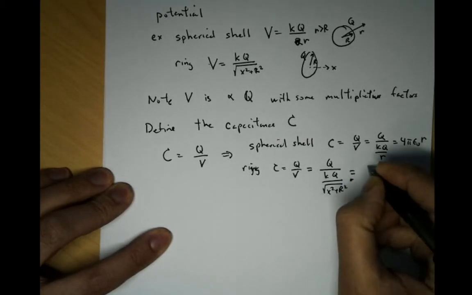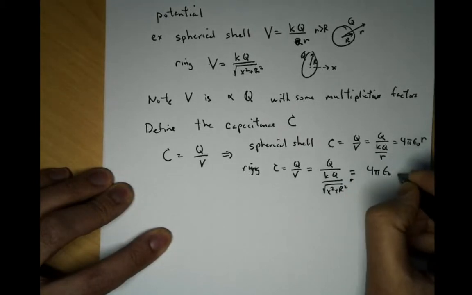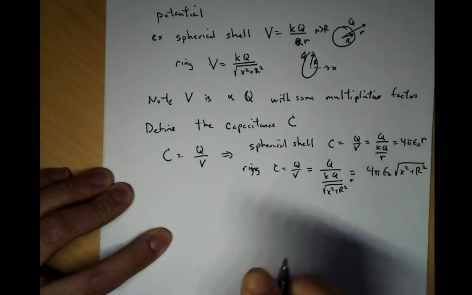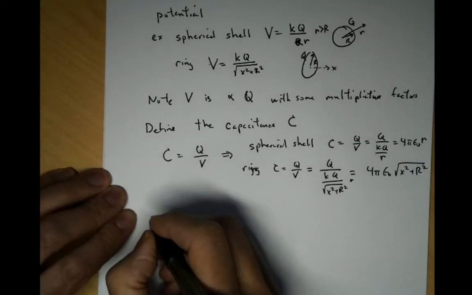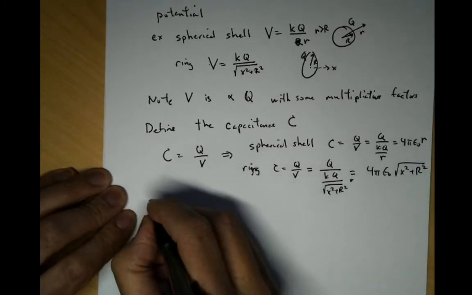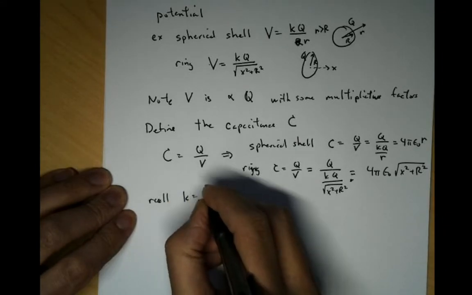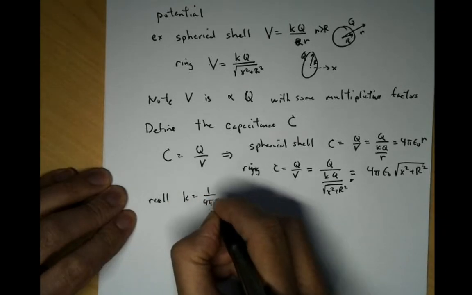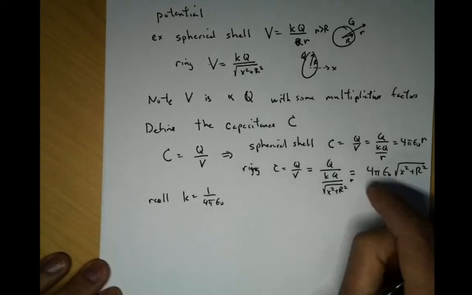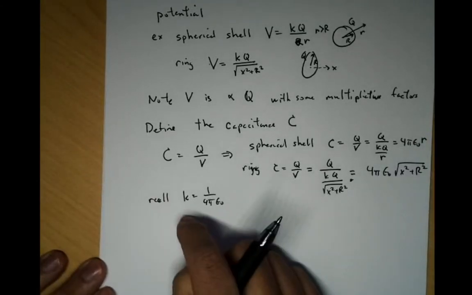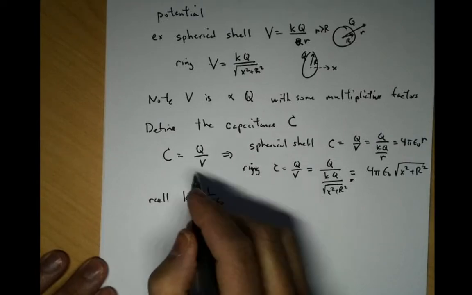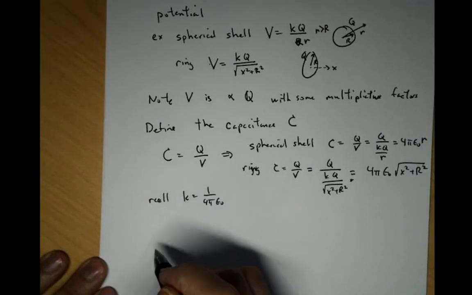This entire thing is 4 pi epsilon naught square root of X squared plus R squared. All right, so you recall where this epsilon naught comes from. Recall K is equal to 1 over 4 pi epsilon naught, right? So the epsilon naught appears on the top. Part of the reason why epsilon was defined, part of the reason why C is defined this way as well.